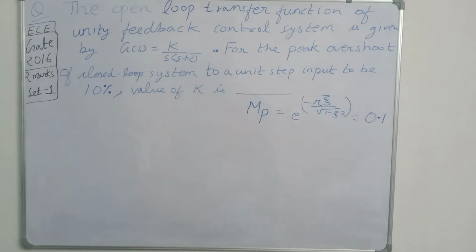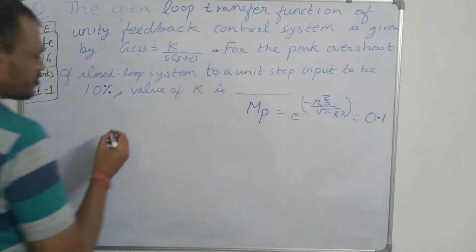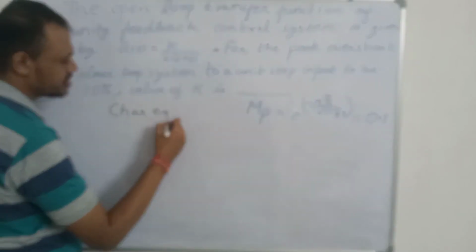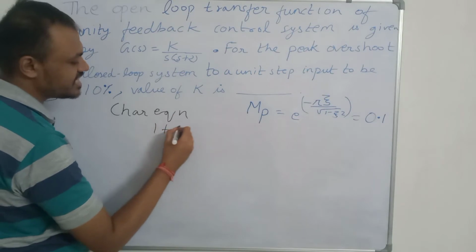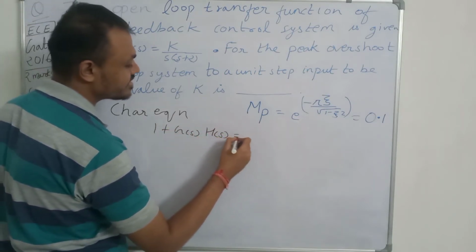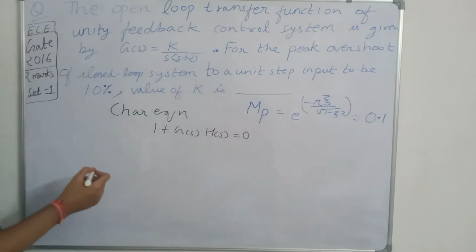For the value of zeta we have to find the characteristic equation. The characteristic equation is 1 + G(s)H(s) = 0, and it is a unity feedback system, so we put 1 + G(s) = 0.